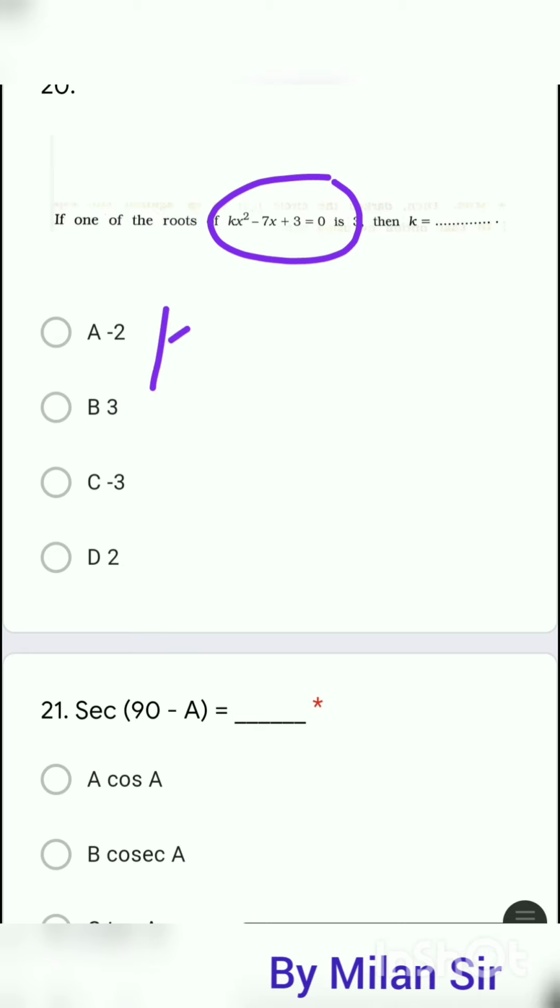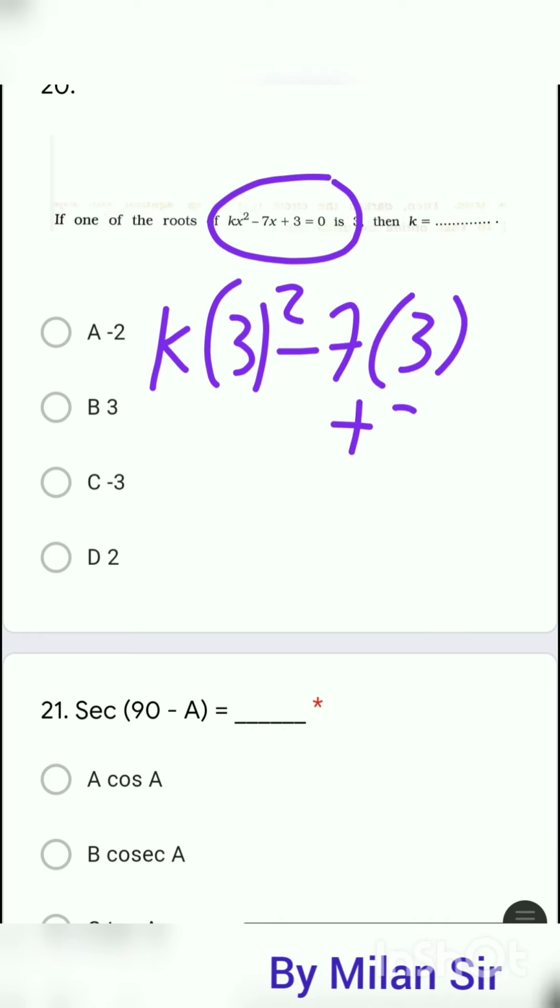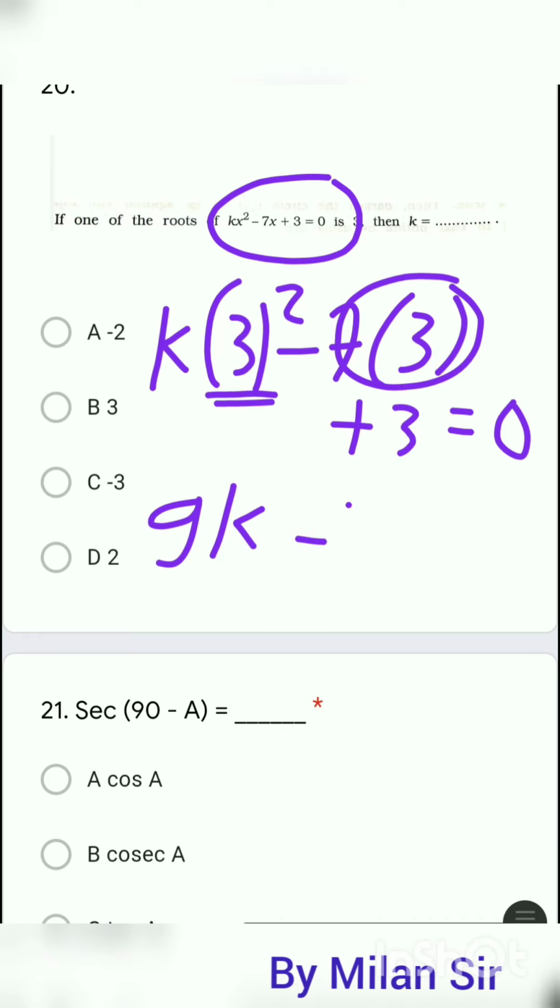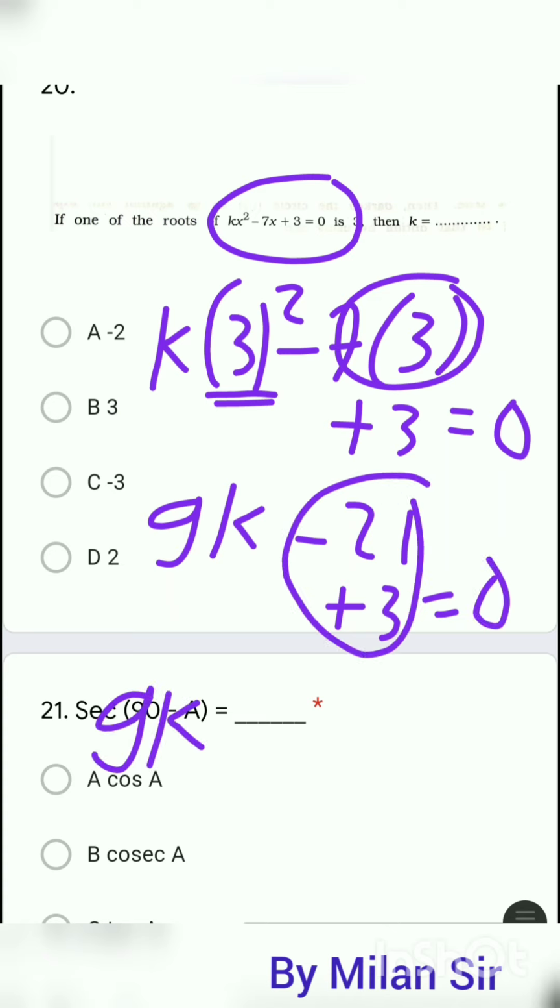So kx square, so k in place of x, 3 all square, minus 7x, so 7 multiply 3, plus 3 is equals to 0. Now here 3 square is 9 into k, 9k, minus here 7 threes are 21, plus 3 is equals to 0. So here 9k, now 21 minus 3, 18.